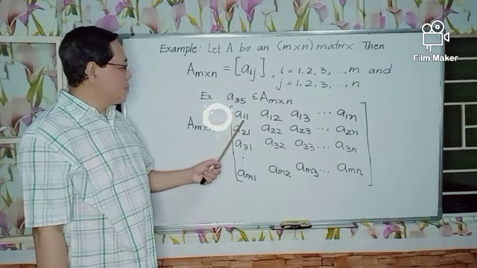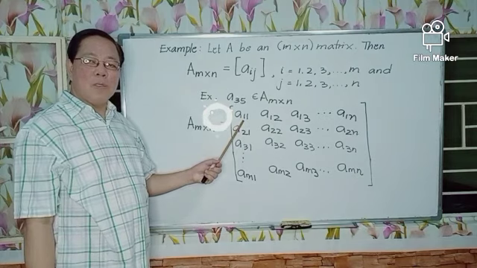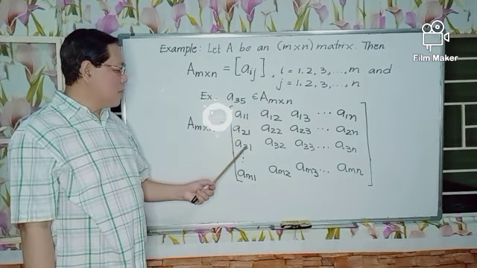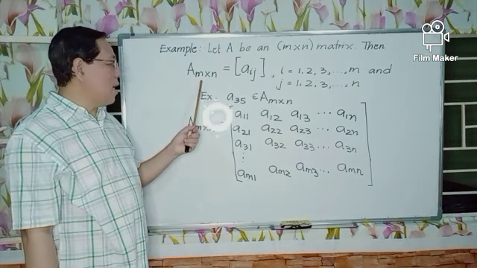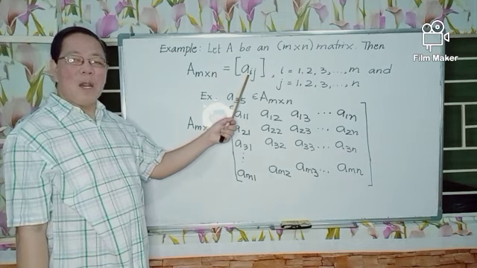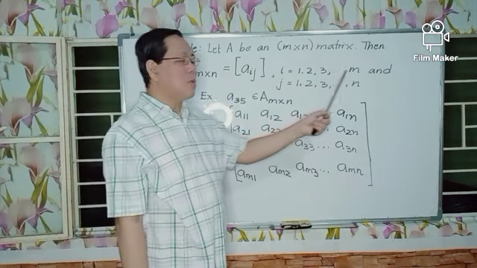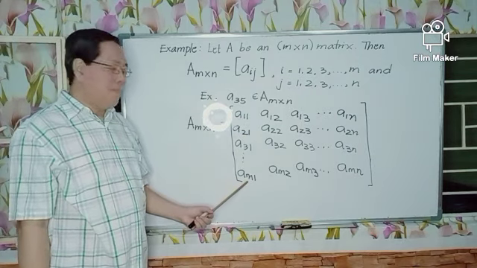So if you see, the first subscript goes from 1, 2, 3, up to m, because matrix A has m rows. And so the first subscript i will vary from 1 to m.